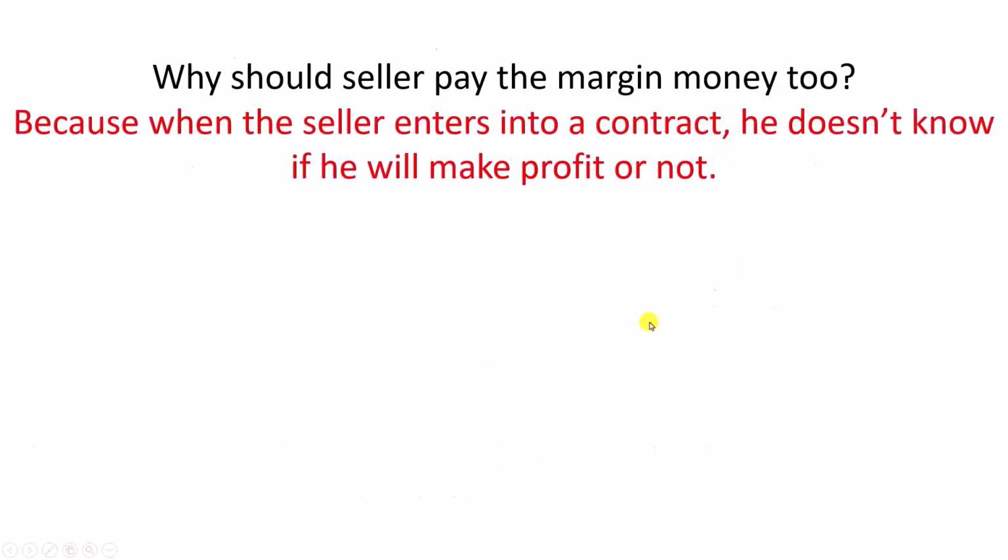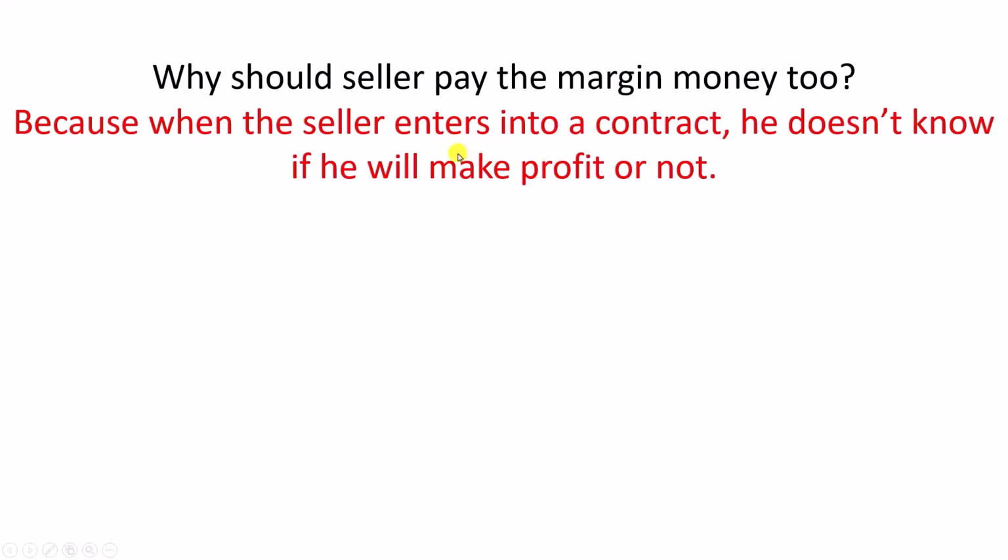Now, a question may come to your mind. Why should the seller pay the margin money too? When you want to buy something, you have to pay. It makes sense. But when you want to sell something too, why do you have to pay?